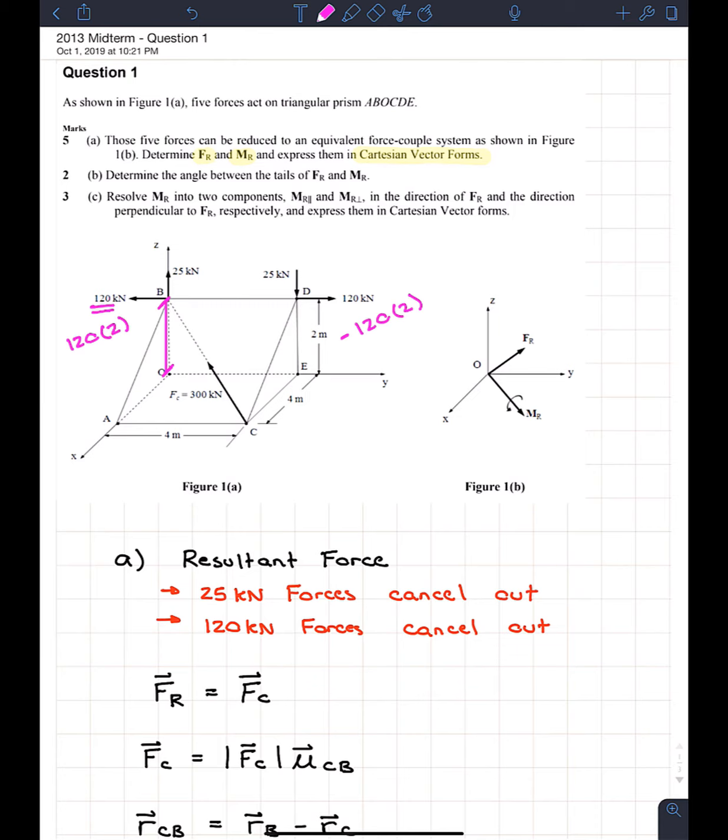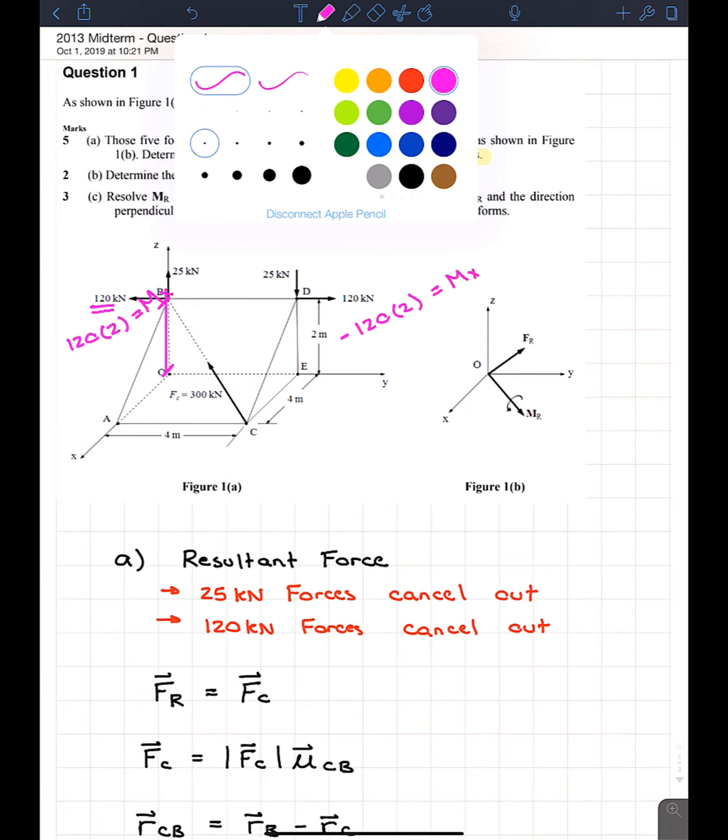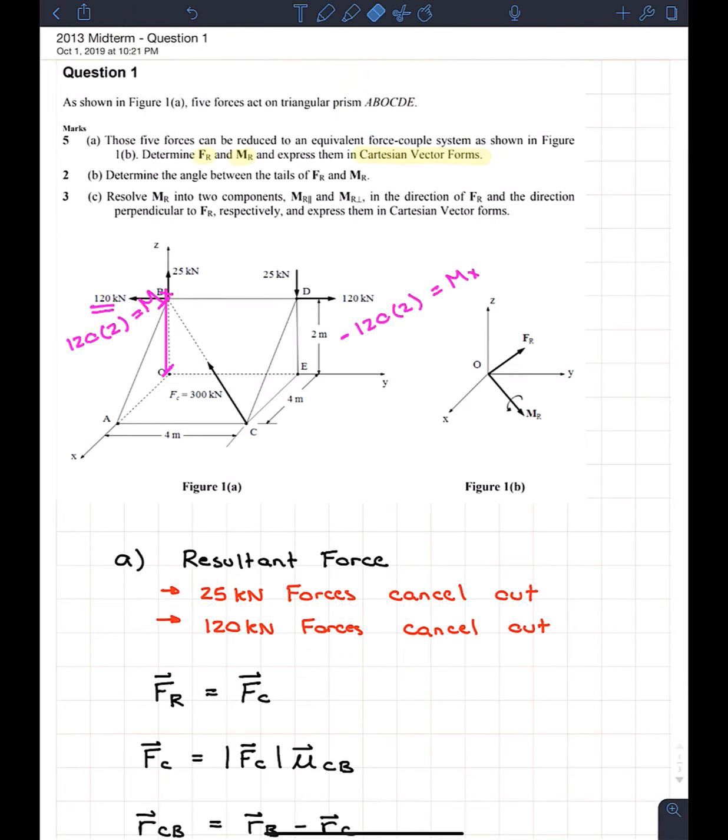Since both of the forces are in the YZ plane, those will both be the moment about the X axis, so those will be Mx for both of these cases. If we add them together, they're going to cancel out. It makes sense because one force wants to rotate it one way, the other wants to rotate it the other way, so it's only logical that they cancel each other out.